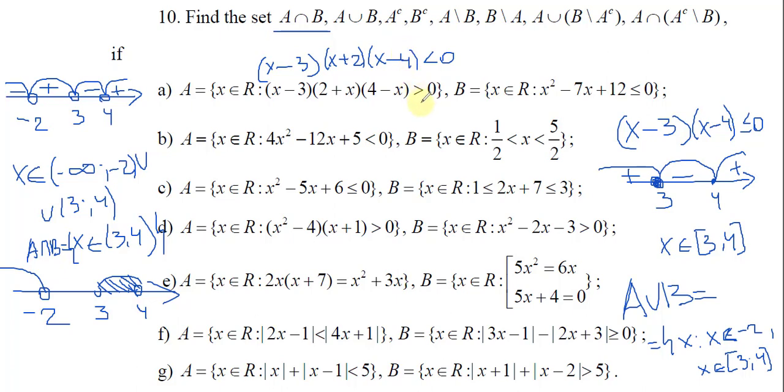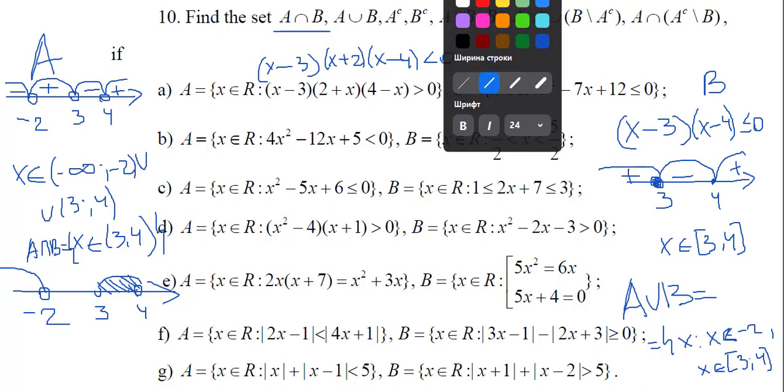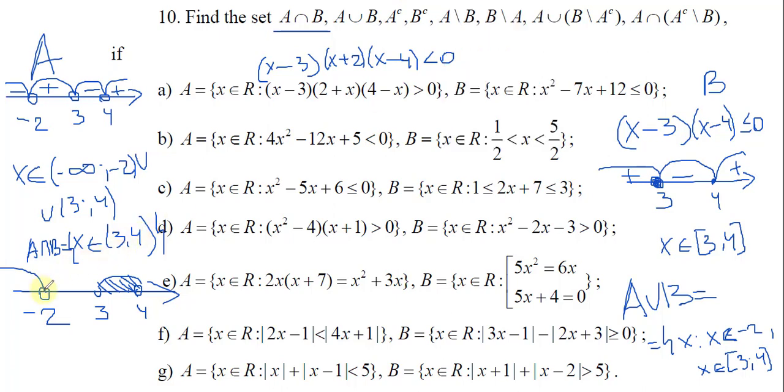The complement of A here: this one is A, this one is B. The complement of A is, in red, this one and this one.